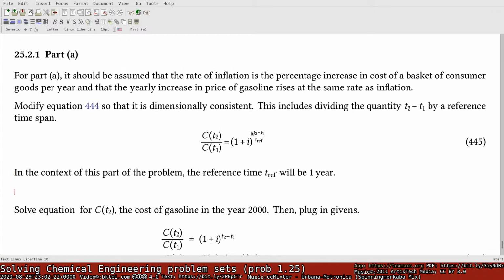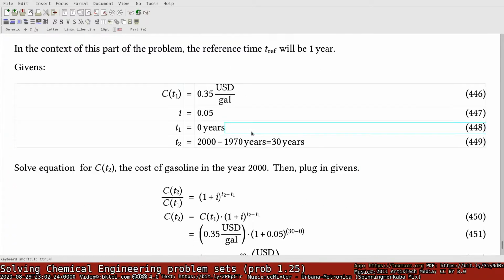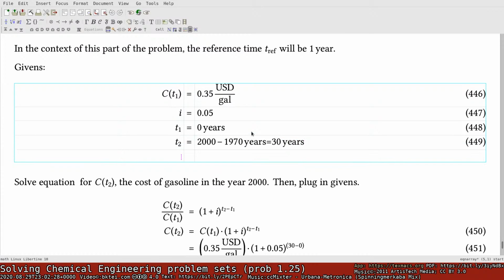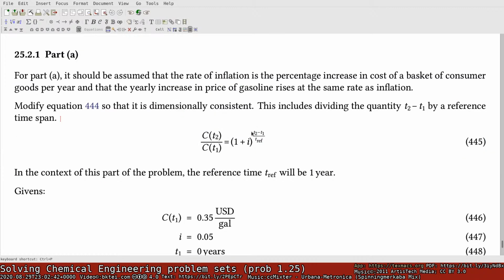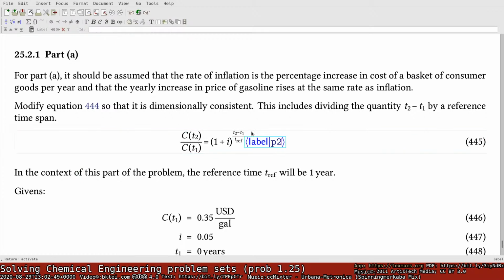T underscore ref, we'll call it 1 year. Solve equation, and we'll do this one instead. Let's give it a label, problem 25.